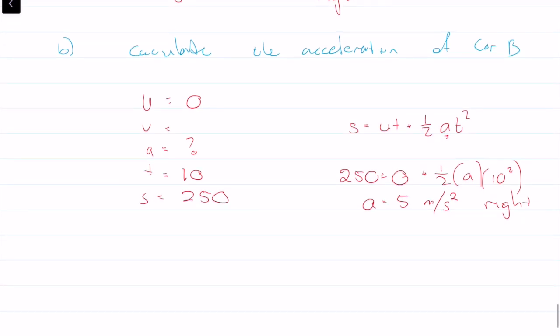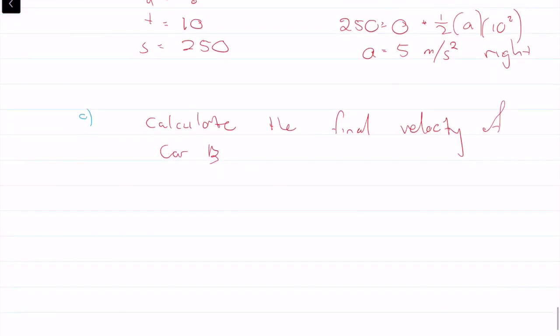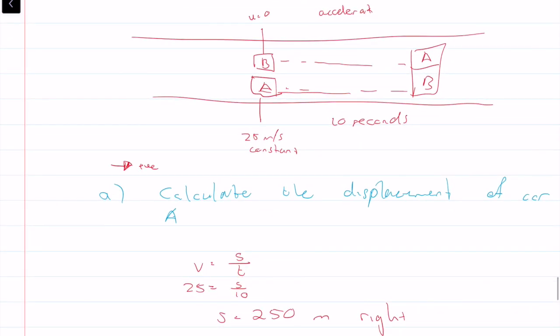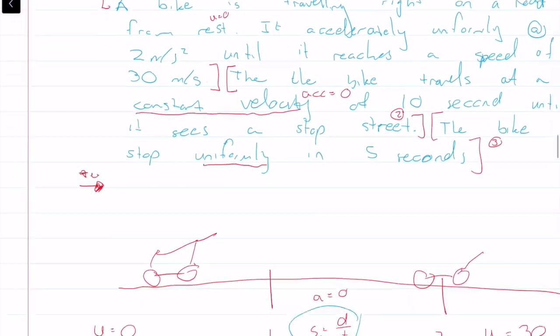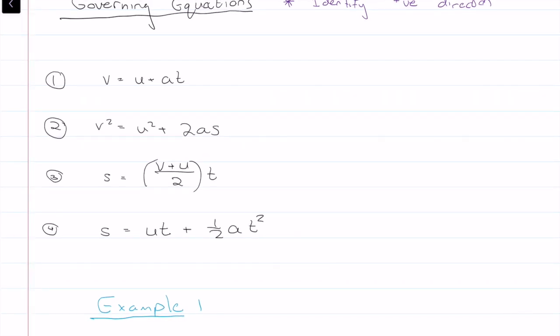Then question C is calculate the final velocity of car B. So we're looking for V. I'm going to try to use an equation that does not use acceleration, if possible. Let's see our equation list quickly. One that doesn't have acceleration, but has displacement we've calculated. Okay, fine.